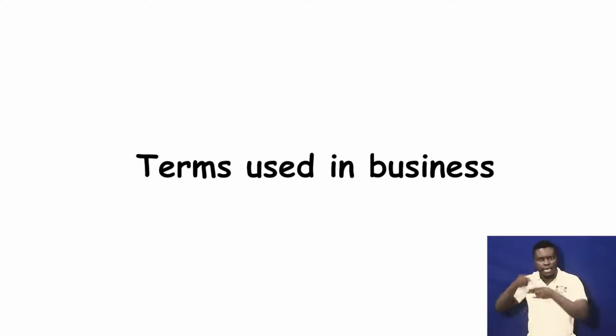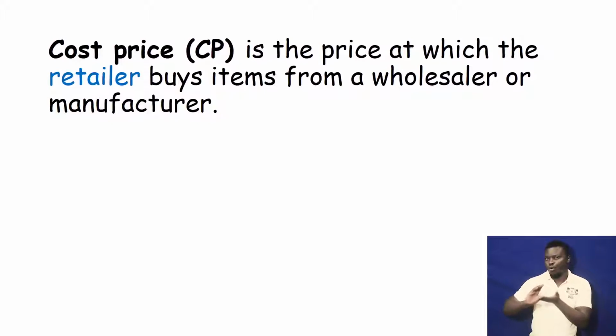Now, let me introduce some of the terms that are used in business. The first term we're going to look at is cost price. Cost price is the price at which the retailer buys items from a wholesaler or a manufacturer.